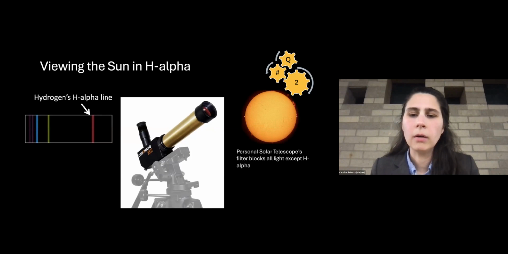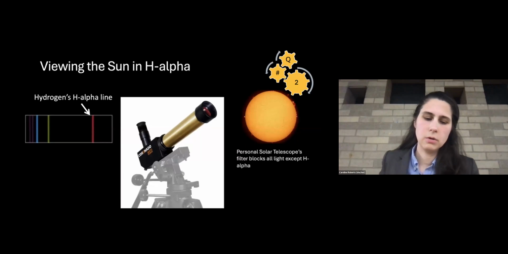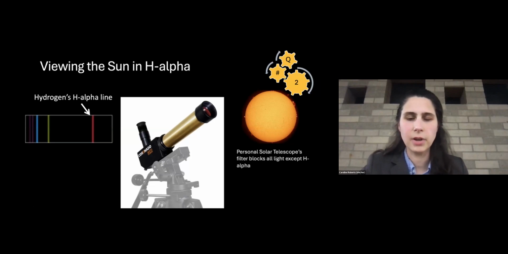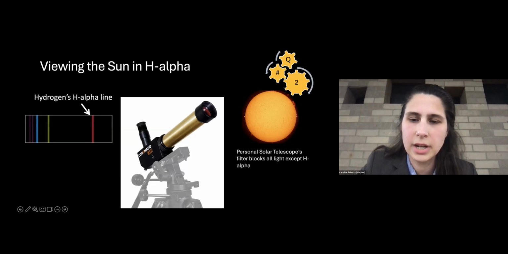Now, when we think about above the convective zone, the next layer of the sun, the surface of the sun really, is what we call the photosphere. And there's a special way to look at the sun. Oftentimes a solar telescope is going to be looking at a very specific color that hydrogen gives off.